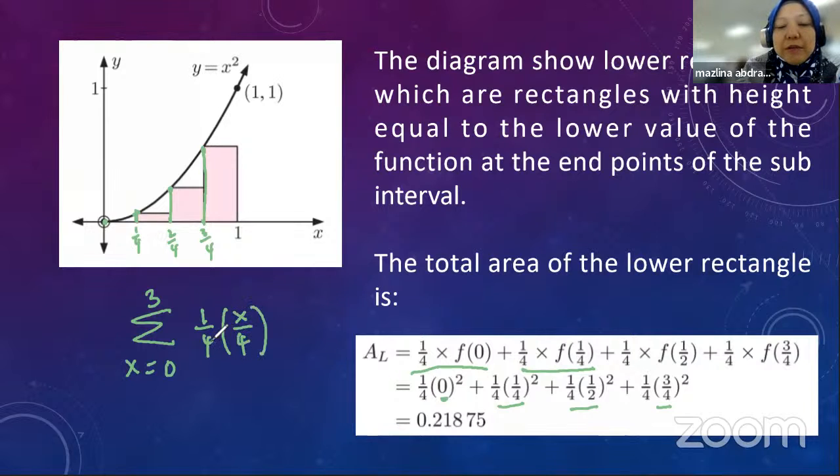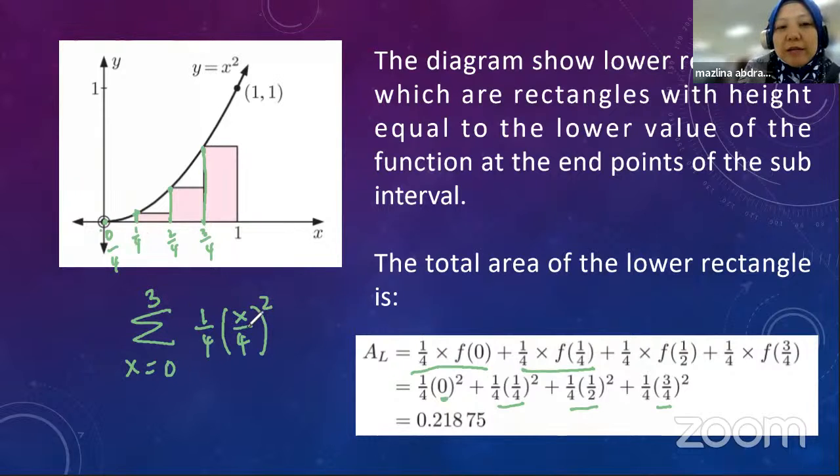Sebab apa? Nampak tak yang square kat sini? Ini adalah you punya height. Height dia x square. Tapi saya masukkan sebab I refer our x here as 0 here. This is 0/4, 1/4, 2/4, 3/4. X tu adalah yang ni atas ni 0, 1, 2, 3. So x is equal to 0.